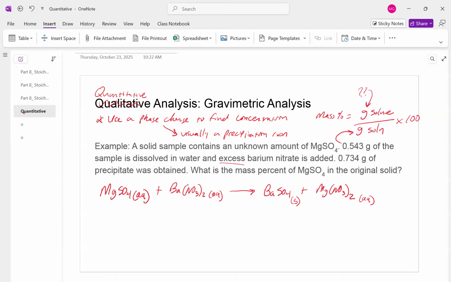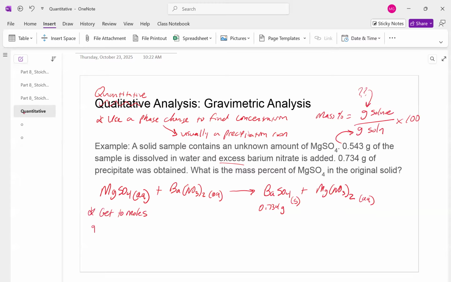So after the balanced equation, we have a balanced equation here. What's our next step? Get to moles. Well, the only thing that we know about this chemical reaction is that we got 0.734 grams of barium sulfate as the precipitate. So what's our flow chart here?